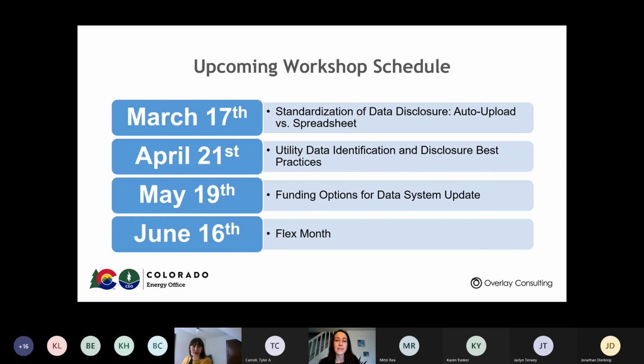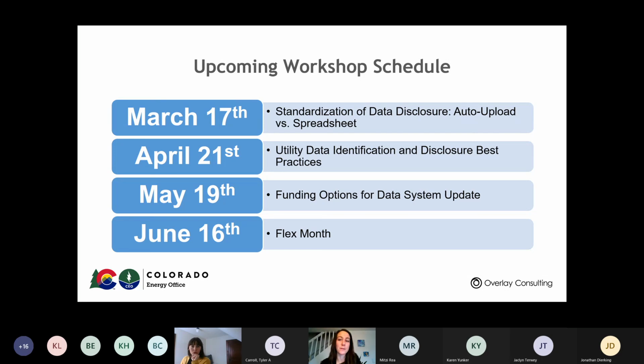We're going to have the EPA as a guest speaker for this section, and they'll dig into their web services and the ability to connect your utilities with the EPA Energy Star Portfolio Manager benchmarking tool in order to set up and establish that auto upload, as well as dig into the spreadsheet that customers can use to directly upload into that tool, or just manually enter their data, to make that process a little more streamlined on their end. So we'll dig into those details a little deeper next session.